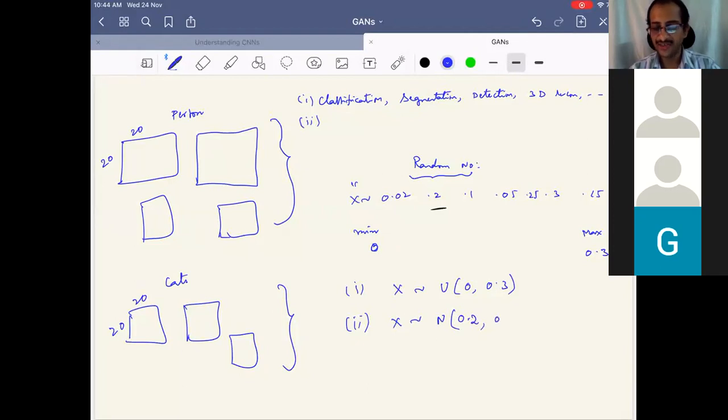Since they are all from 0 to 0.3, the standard deviation will not be greater than say 0.1, so say 0.05. It's a small standard deviation, that's why they are around the mean. Otherwise they might have spread from -10 to +10 as well. So I can comment on the mean and variance, and essentially try to get the distribution.